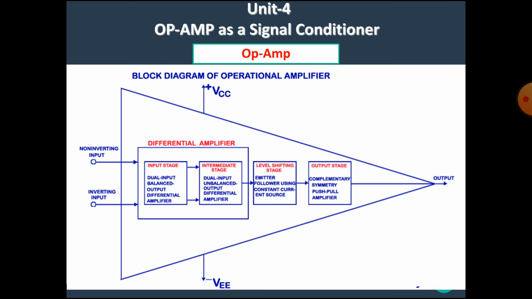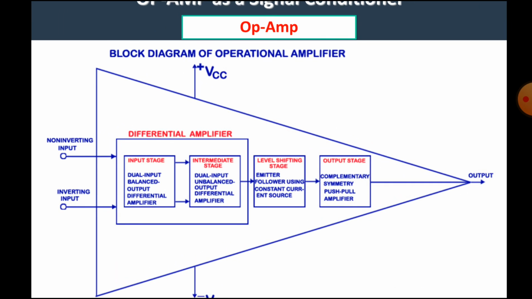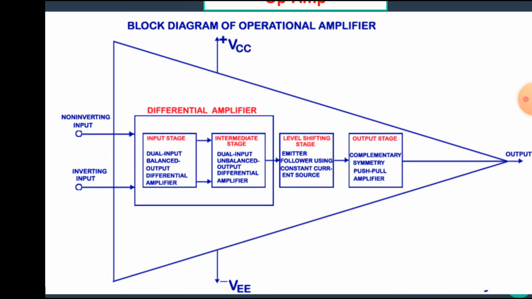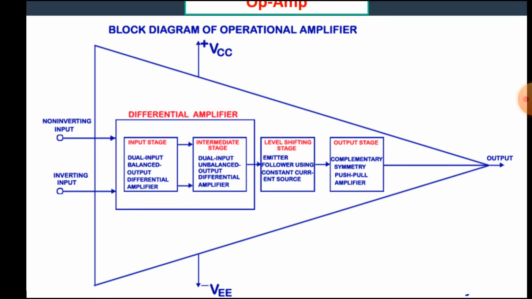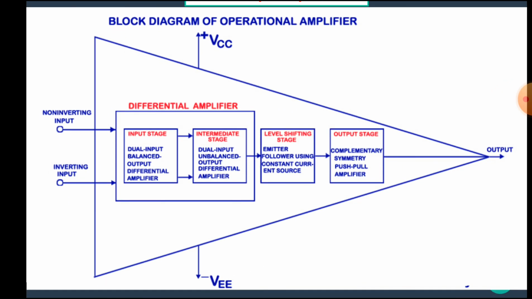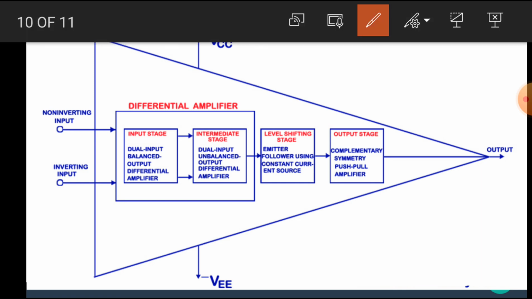I hope you all understand the block diagram of the operational amplifier. Let's see once again. Here is the block diagram of the operational amplifier, in which we can see there are four blocks. The first block is the input stage, second block is the intermediate stage, third is level shifting, and fourth is the output stage. We know that the input stage is a dual input balanced output stage. That means it has two inputs, two outputs.